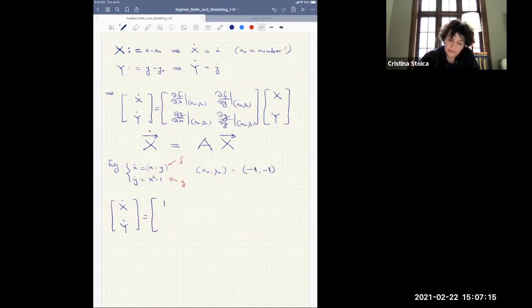Then the derivative with respect to y is a minus 1. Then the derivative of the second function with respect to x would be 2x, but I have to compute it at x naught equals minus 1, y naught equals minus 1. And then the derivative with respect to y is 0 in this case.